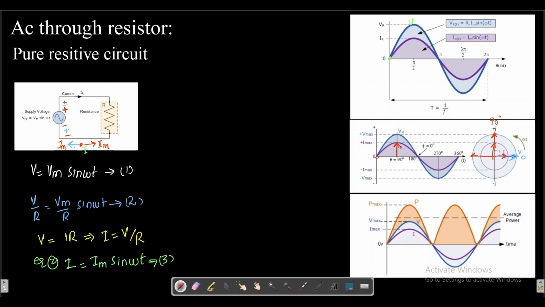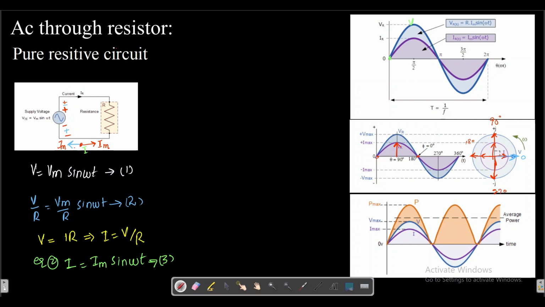Now again it will reach here, and the voltage becomes 0 at 180 degrees, and similarly the current is also 0, so both are 0 here. Now at 270 degrees, these two vectors will be here.